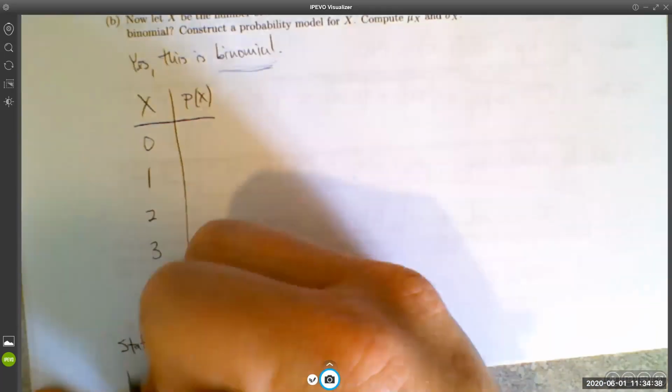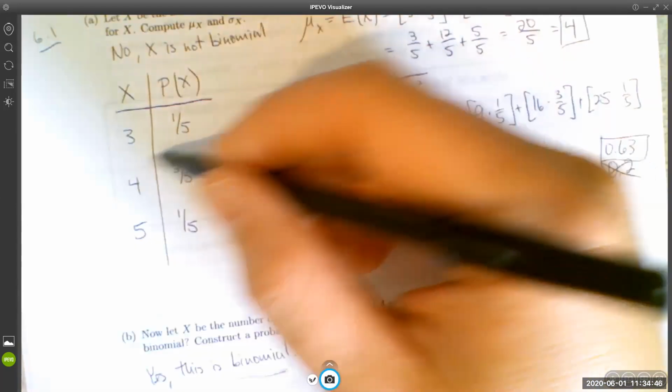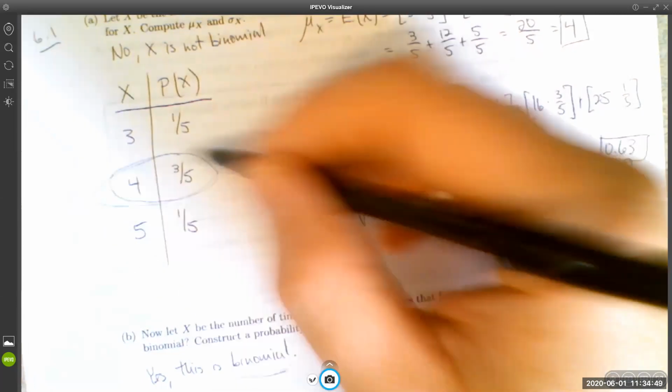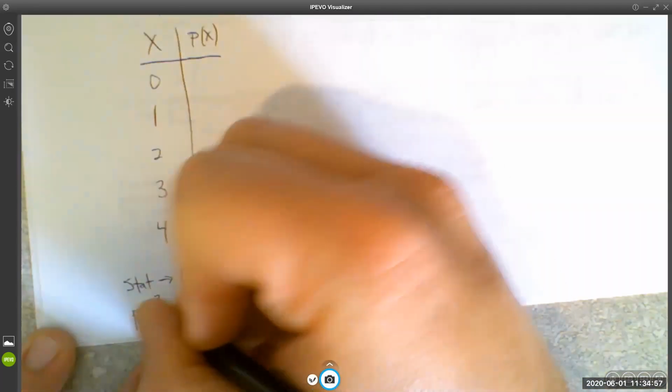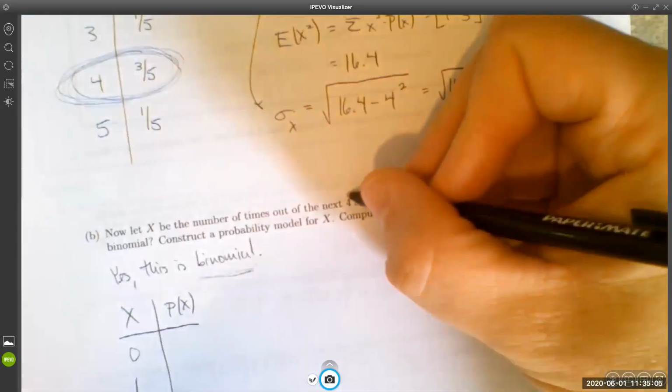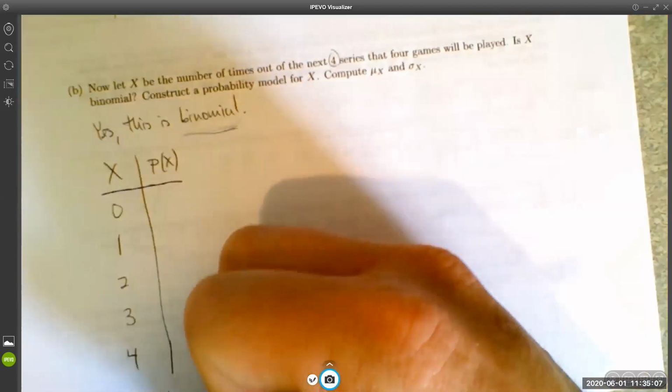We're going to put in the probability of success. Well, we know that the probability that a series will require 4 games is 3/5, right? So that's the probability of success. The number of trials is 4, right? Because this is in the next 4 series.